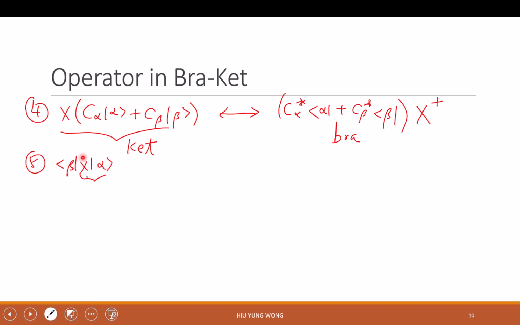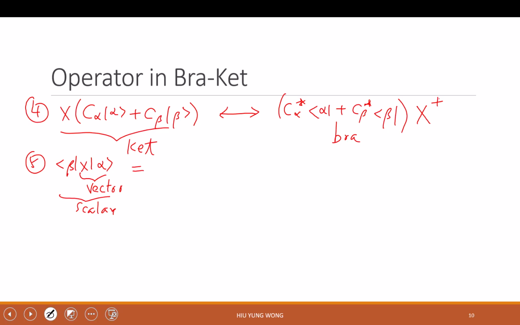A bra inner product with a ket gives you what? Projection, right? Is this a scalar, vector, or a matrix? Scalar. So this is a vector, and then the whole thing is a scalar. Okay? You need to get used to this. So let's continue. It has the associative rule.